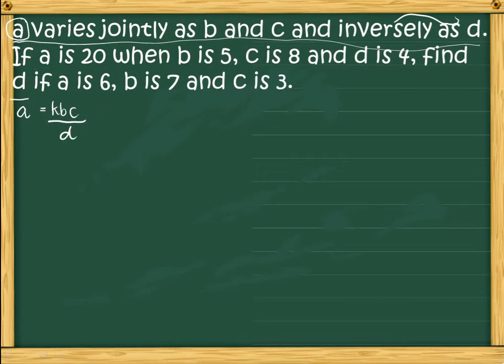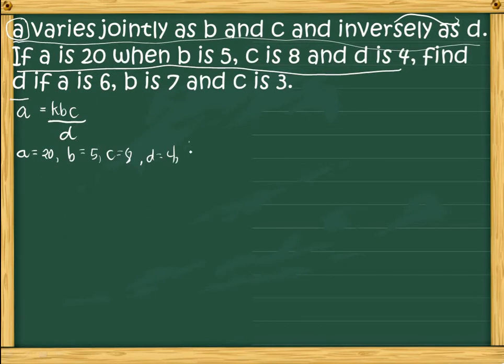So let's proceed to the second statement. If A is 20, when B is 5, and C is 8, and D is 4, the second statement is used to find the constant of variation. So, how do we get that? Let's go back to the equation A is equal to KBC all over D. Substitute the value of A. A is equal to 20 is equal to K times the value of B, which is 5, times the value of C, which is 8, all over the value of D, which is 4.